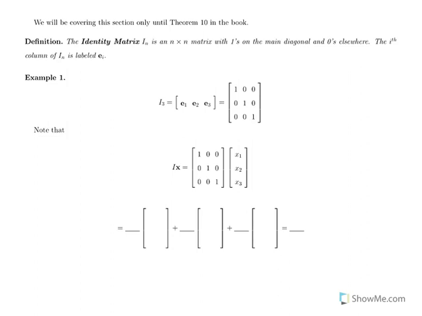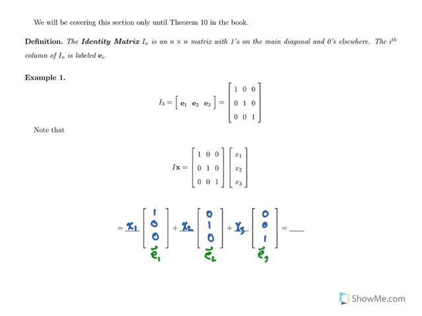And the importance of the identity matrix is seen in this next example. If I have I times any three-dimensional vector x, then I can write this as a linear combination of the entries of that vector. So this will be x1 times (1, 0, 0), plus x2 times (0, 1, 0), plus x3 times (0, 0, 1), noting that these three column vectors are E1, E2, and E3.